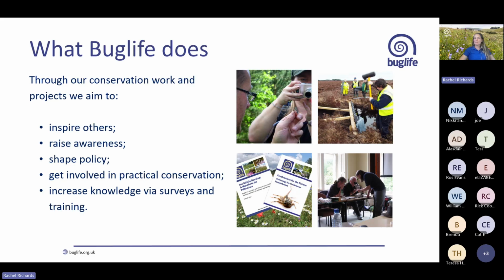We do a lot of practical conservation work, a lot of surveys, and we work on things like trying to reduce the use of pesticides and light pollution, water quality, you know, some of these big important issues that impact invertebrates and all of us, really. So yeah, check out our website if you want to know more about us.